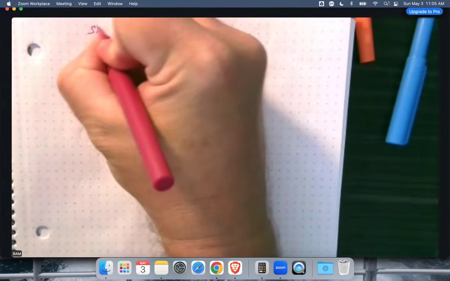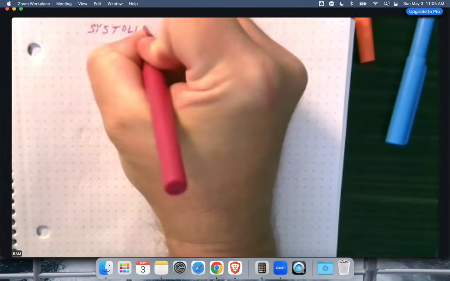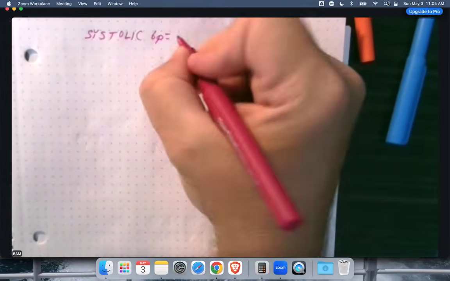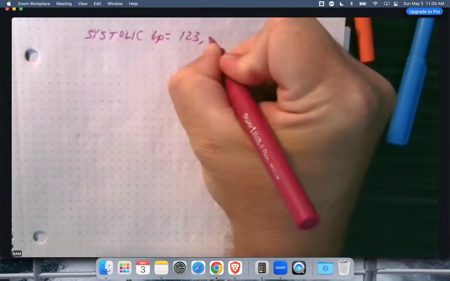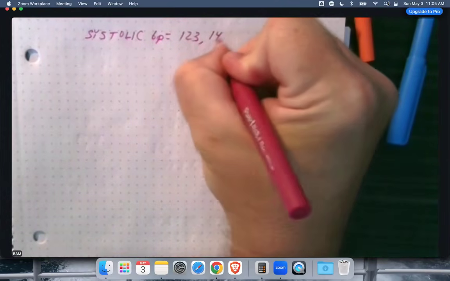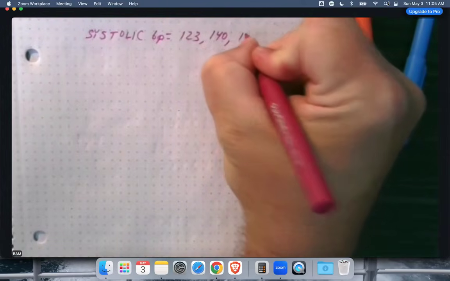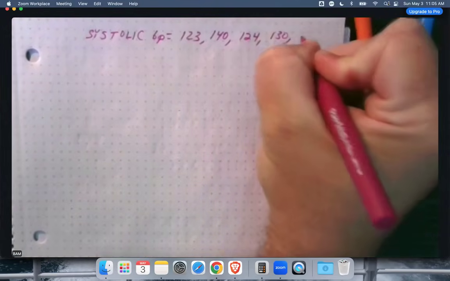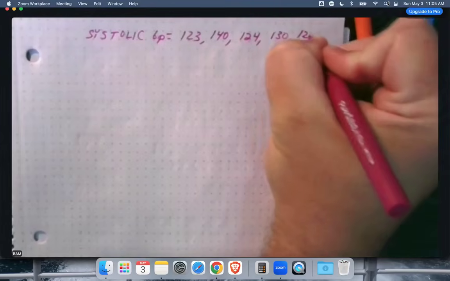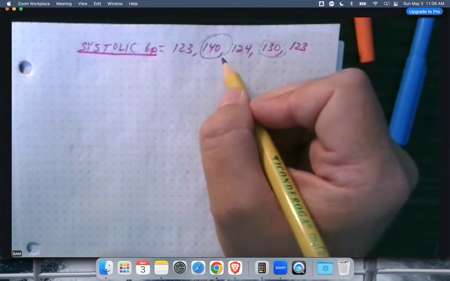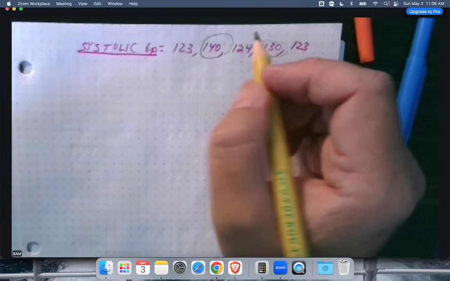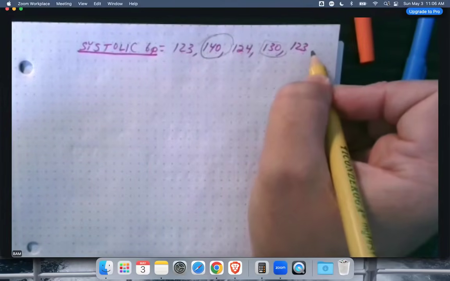So my systolic blood pressure was 123, 140, 124, 130, and 123. For all we know, my machine might be broken. Okay. We don't know. But this is the data. It's real data.